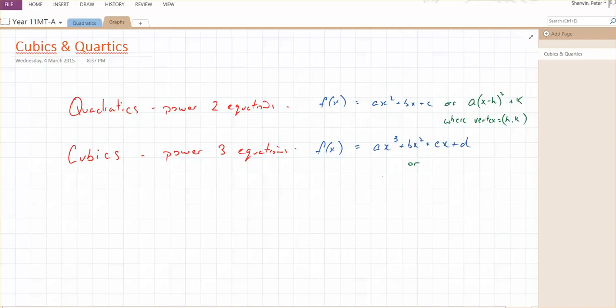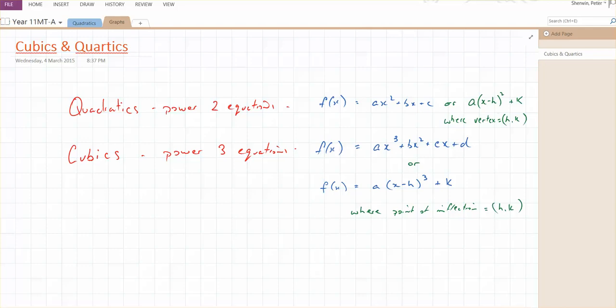And so for the cubic it will be f(x) equals a, and you guessed it, it's (x minus h) cubed plus k, where (h, k) is not the vertex but what's called the point of inflection, and I'll cover that in a moment. We'll talk about what that is, where point of inflection equals (h, k).